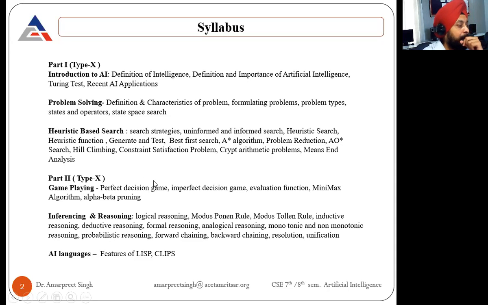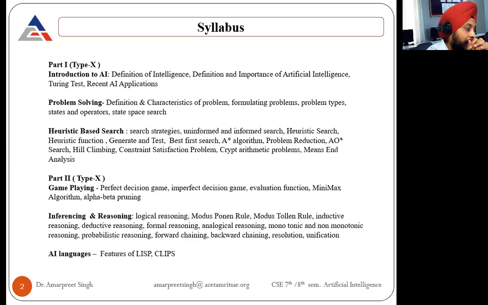Next, coming to part 2, or unit 2, or section B, whatever you may call it. The first chapter in this section is gameplay. Here we will see the different types of games that are played on a computer or your mobiles, and how games are categorized.